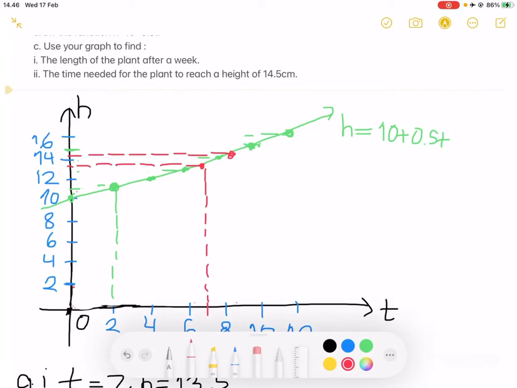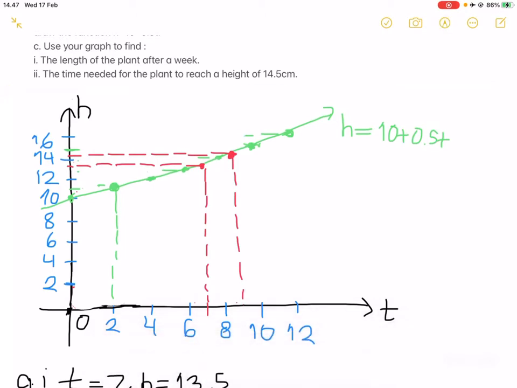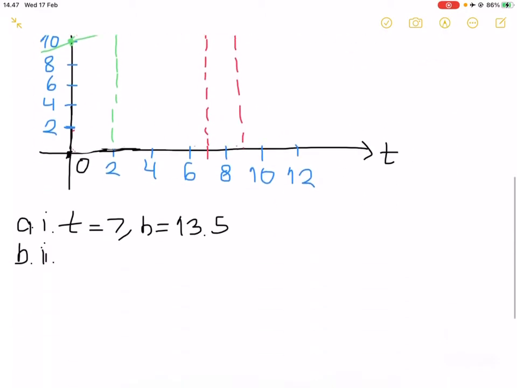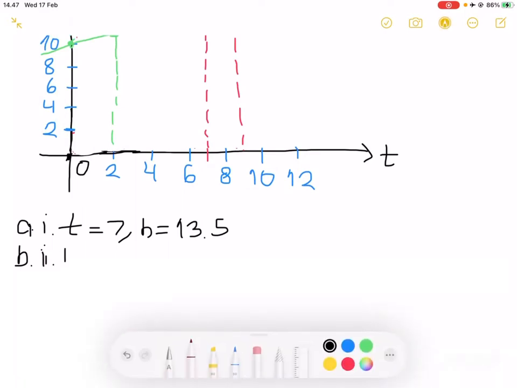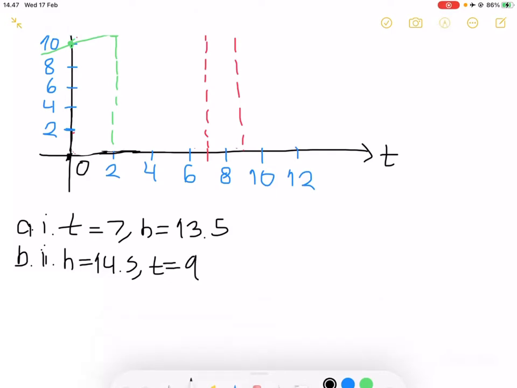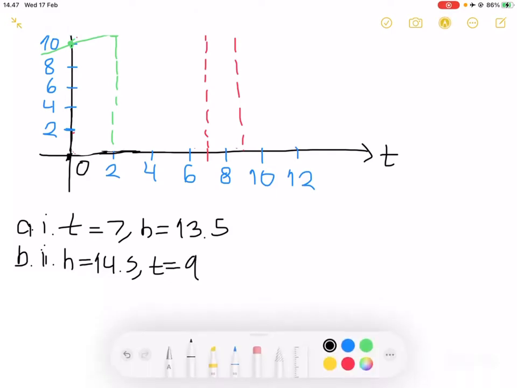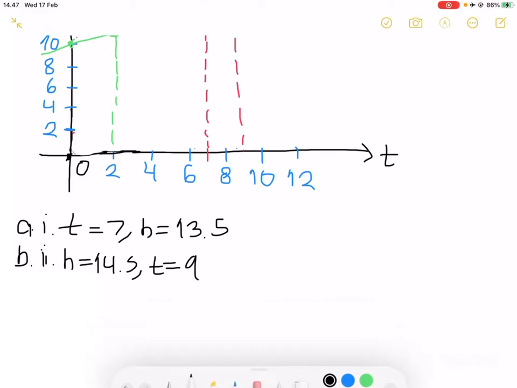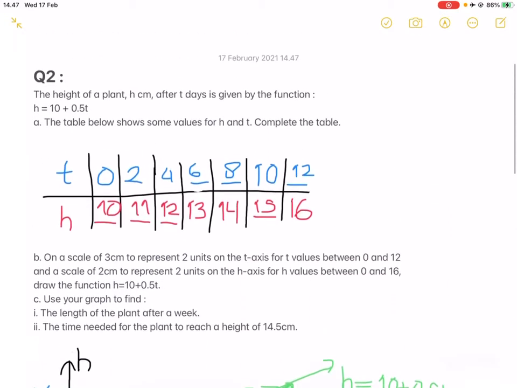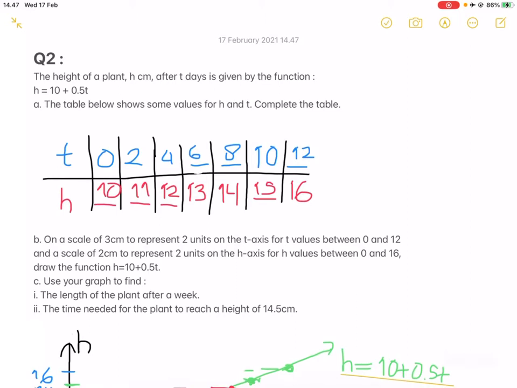So it crosses the function at around this point, and you can just draw a straight line, and what you will get is t will be equal to 9 when h equals 14.5. t will be equal to 9. Alright, so that's it for this question. Let's jump into the third one, sorry.